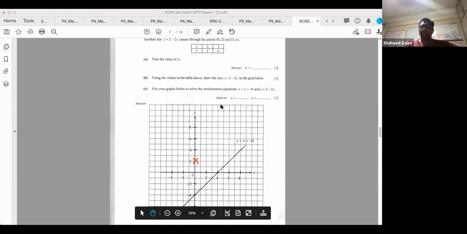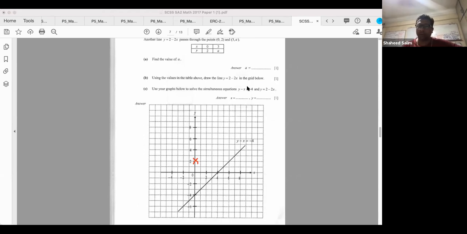Then x is 3, y is -4. Remember, there's no -4, right? x is 3, y is -4 down here.